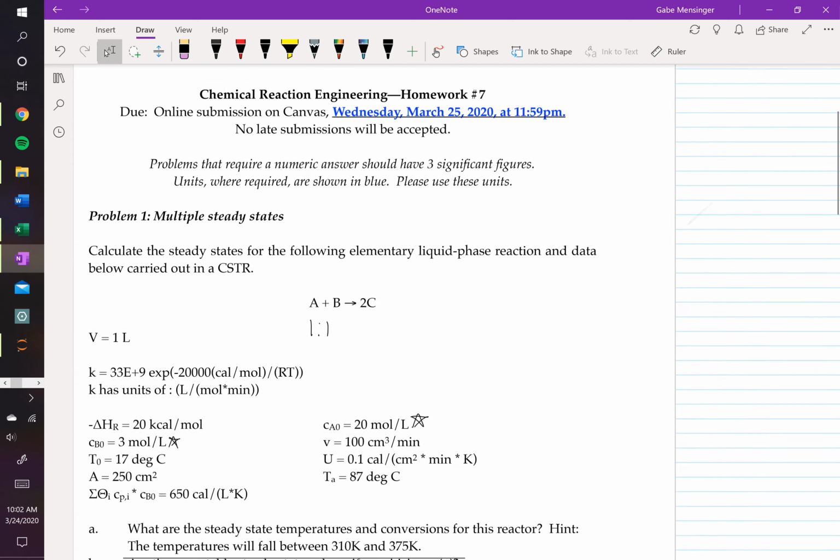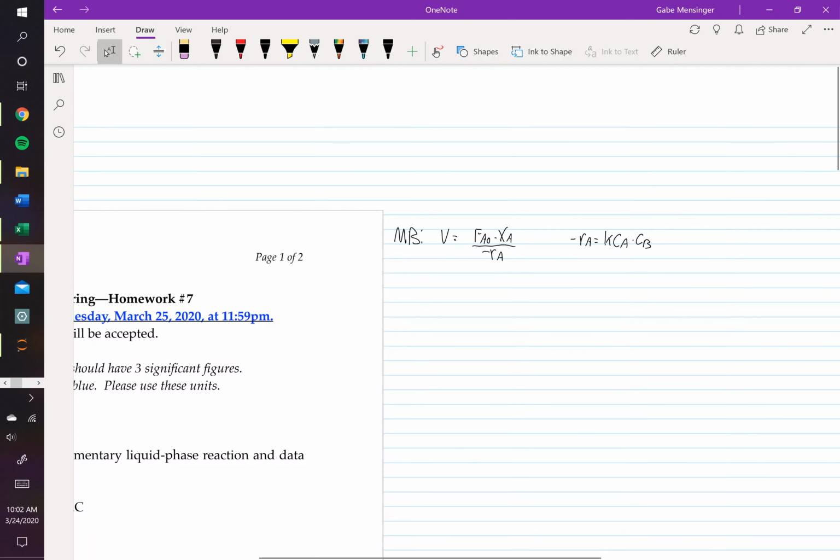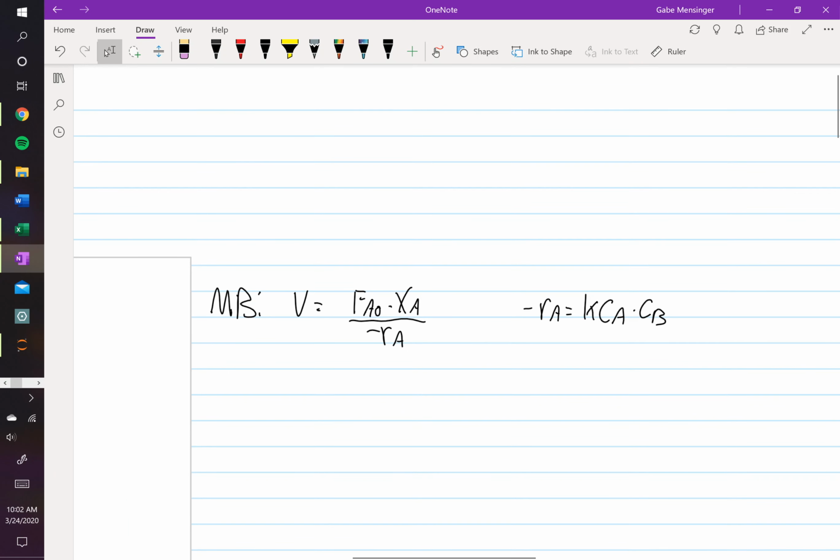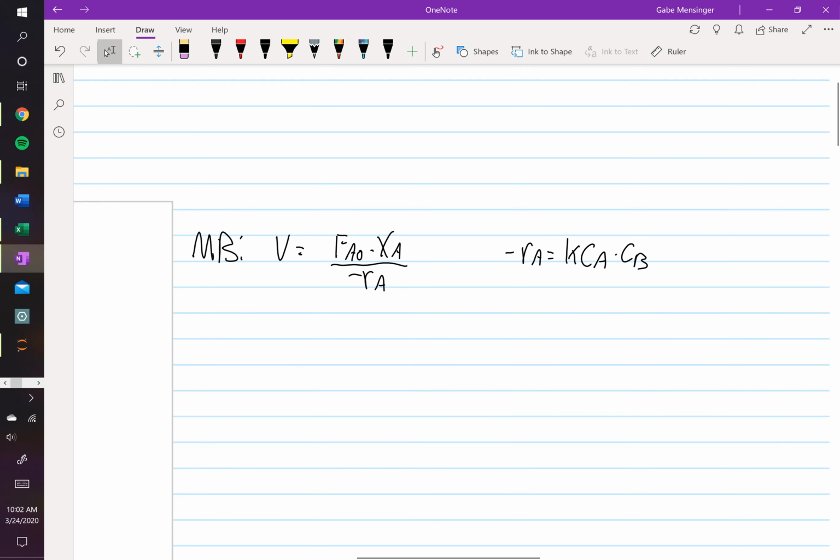So that actually makes B the limiting reactant in this case. I'm just going to put everything in terms of B, because normally we use A to indicate the limiting reactant, but in this case the limiting reactant is B. So I'll just rewrite it all. V equals FB naught times XB over minus RB, and RB will equal the same thing.